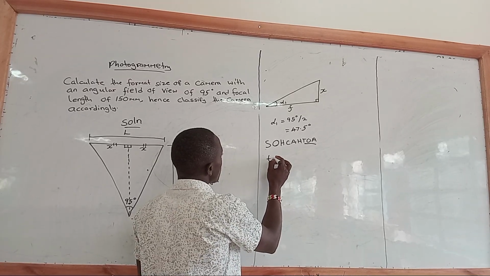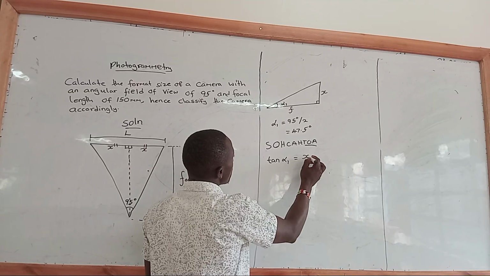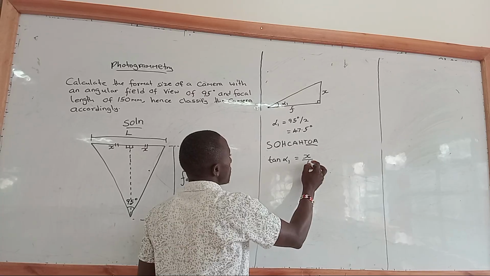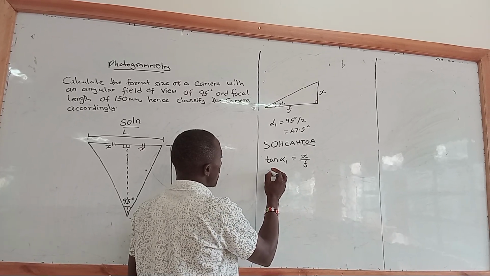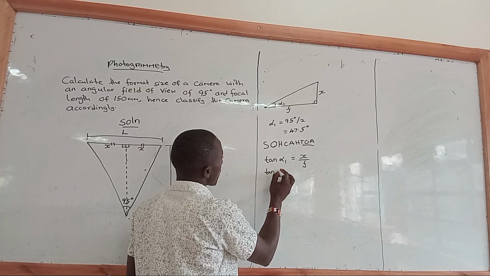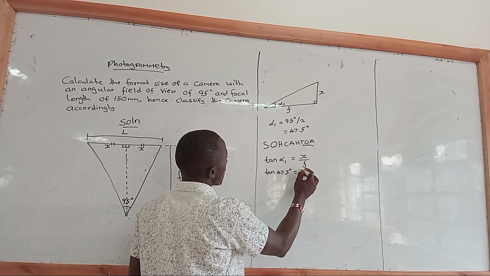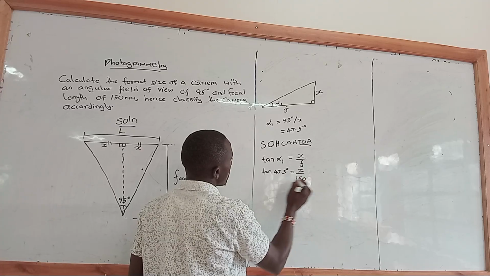So, we want to find tan alpha 1, which is equal to the opposite, which is x, over adjacent, which is f. So, tan 47.5 degrees will give us opposite, which is x, over 150.